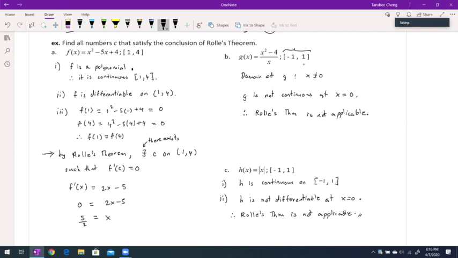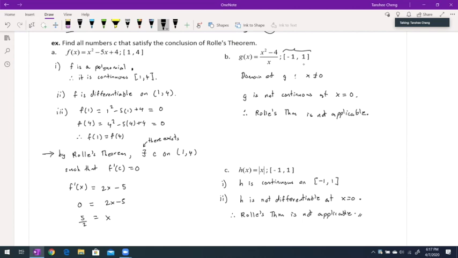Right. So on the second example, again, find any number C in the interval of -1 and 1 that satisfies the conclusions of Rolle's theorem. First thing, when I look at this function g, the domain is everything except 0.